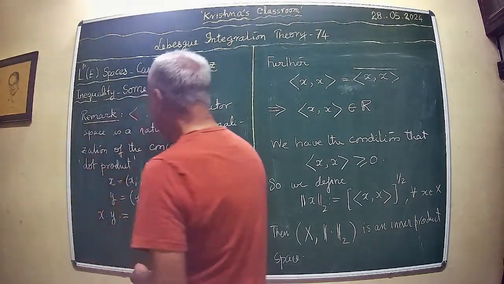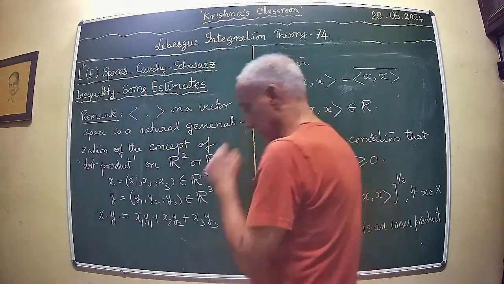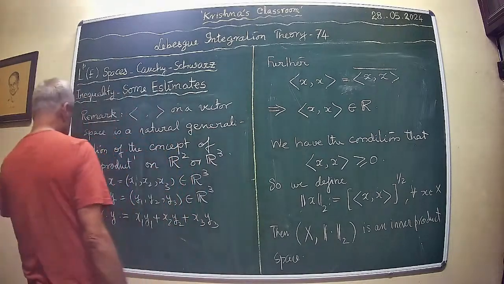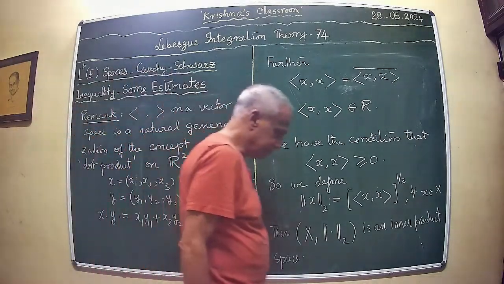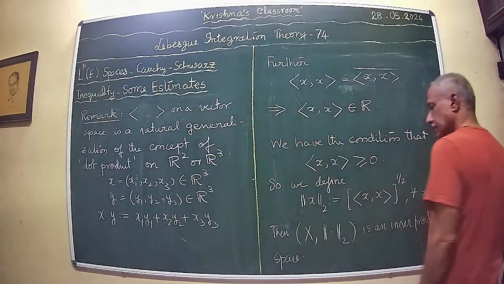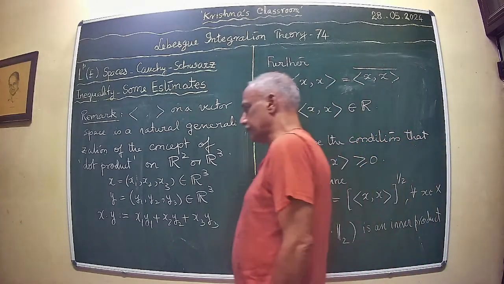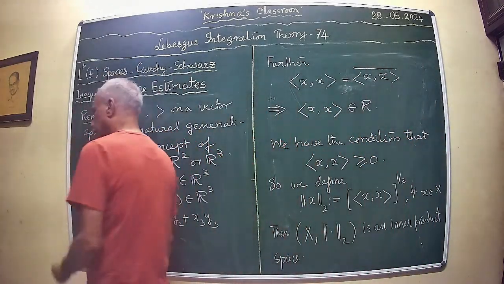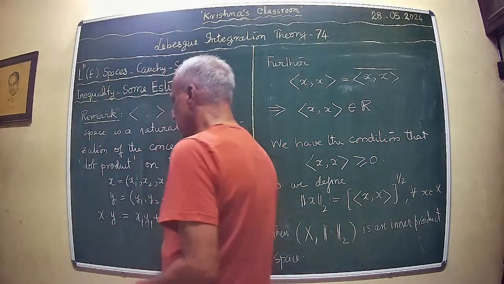See? And this is all the properties of an inner product. And this is a real number and which is a map from x cross x. So the dot product is a map from x cross x.